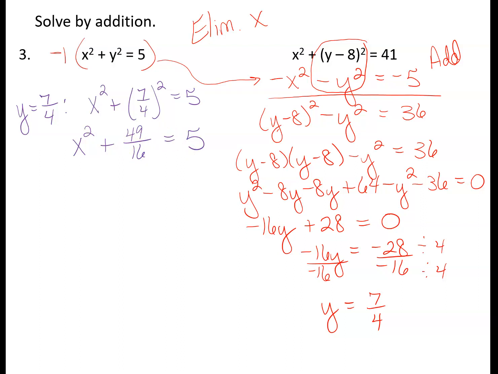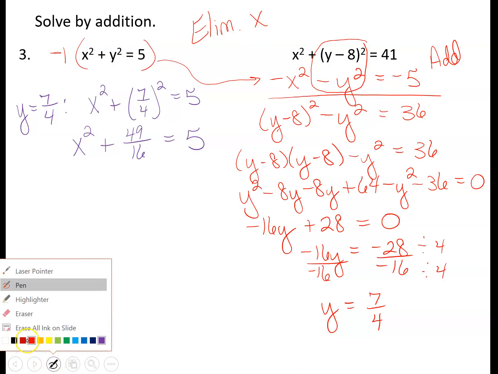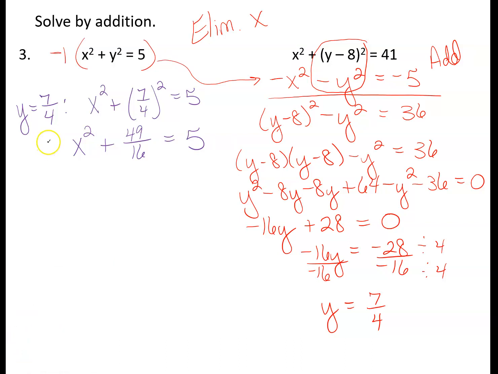Let's go ahead and clear the fraction out. So we're going to multiply everything by the denominator. So multiply by 16. And that is going to give us 16x squared. We're going to cancel those 16, so plus 49 equals 80.